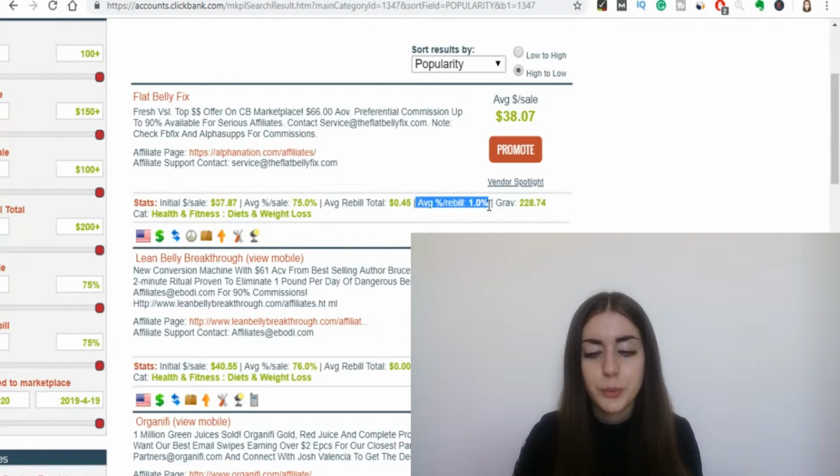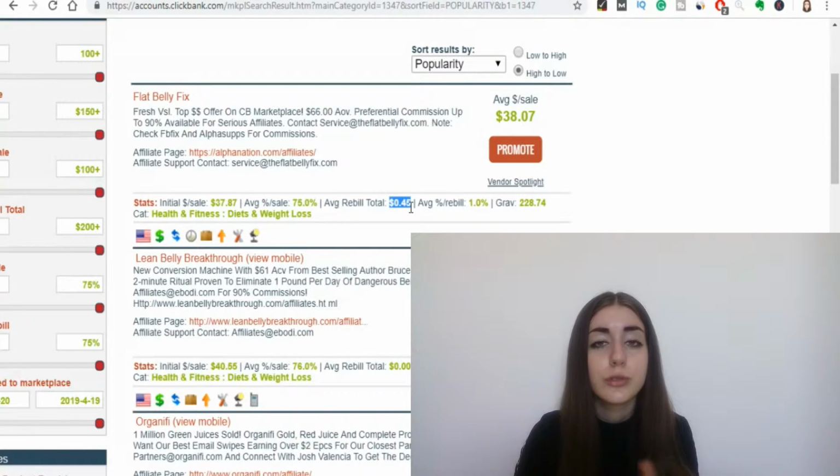Now in this example, and also here this number average rebill total, you can see in this example is $0.45, which is basically nothing, right? But basically this number shows you how much you would earn on average after people got rebilled.